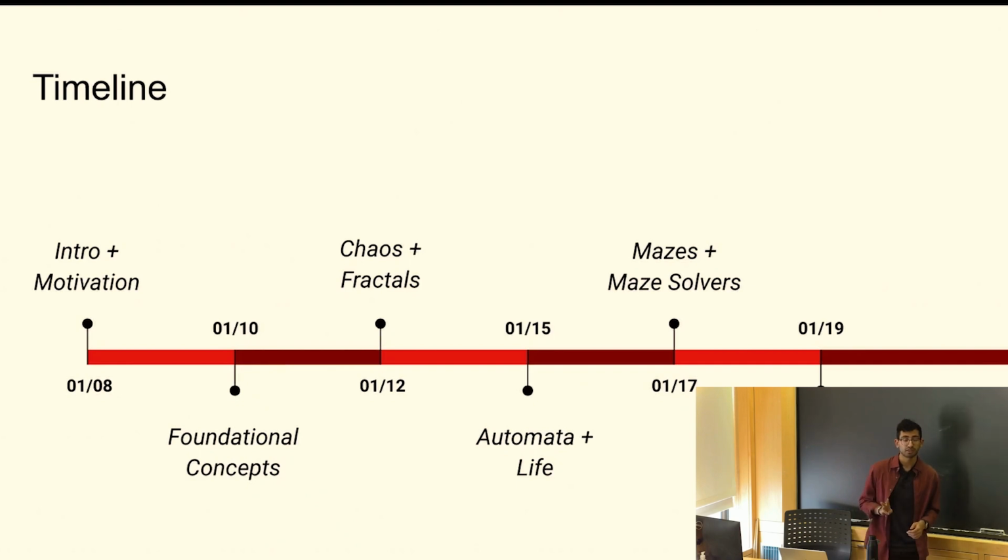The next 3 lectures will all follow that puzzle, visualization, art format. On the 12th, we'll be talking a little bit about chaos and fractals. We'll be talking about how to create things like Sierpinski's triangle using nothing but chaos. We might talk about how to create stuff like snowflakes and other fractals that you might see in nature. Then on the 15th, we'll be talking about cellular automata.